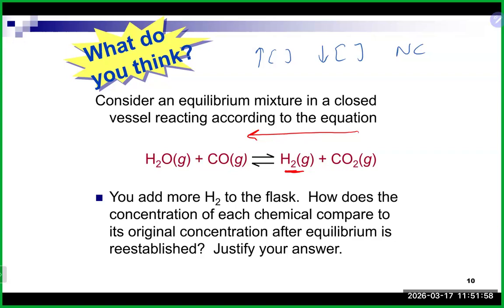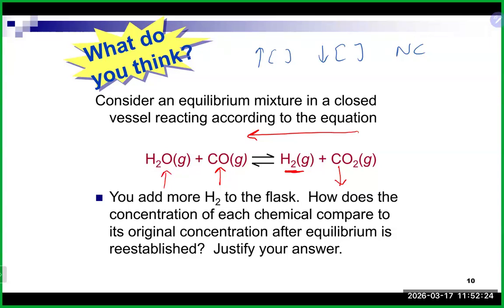Again, what that should mean in terms of our CO2, up, down, no change, should go down, right? Because really in the reverse direction here, our products are like our reactants, right? And our reactants are like our products in this case. And we again should see the formation of CO, and its concentration should go up as we start to hit that reverse direction. We also should see the water's concentration increase.